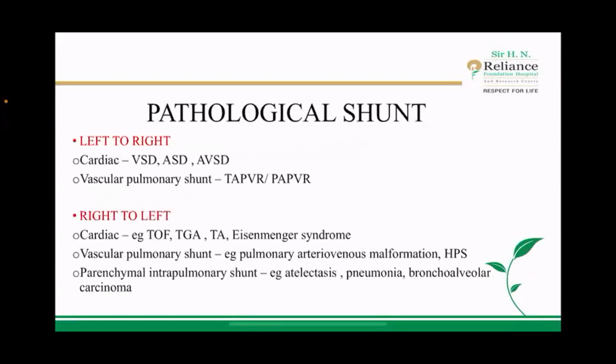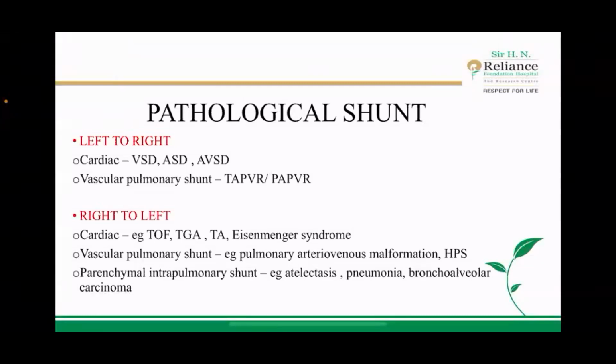Next, when we talk about pathological shunts, we talk about either left to right or right to left shunts. The left to right shunt cardiac causes are ventricular septal defect, atrial septal defect, AVSDs, and the vascular pulmonary shunts, including total or partial anomalous pulmonary venous return. When we talk about right to left shunts, they are either cardiac or extracardiac in origin.